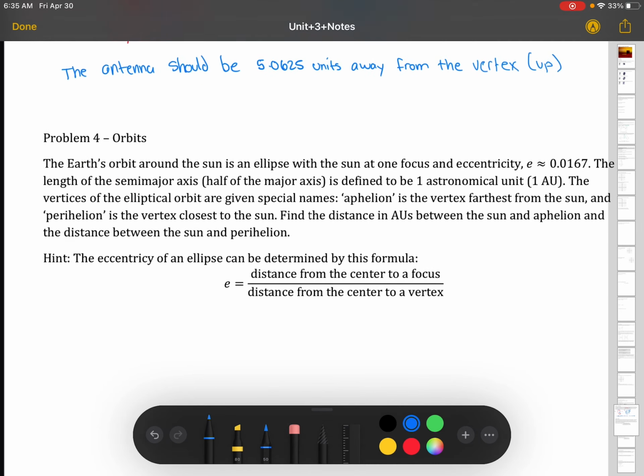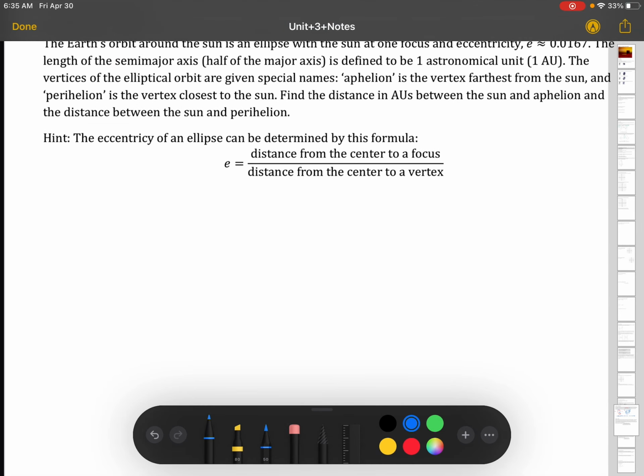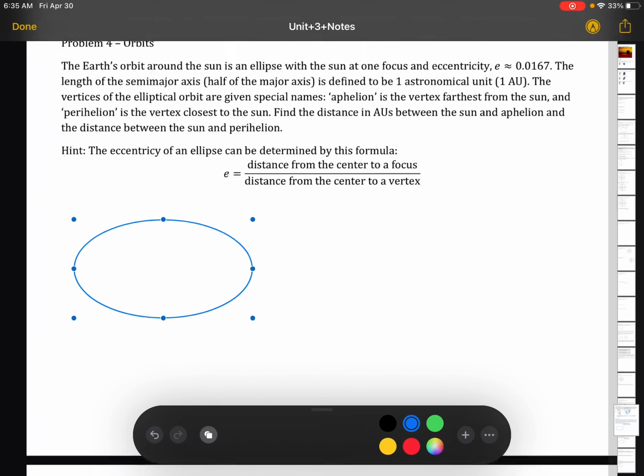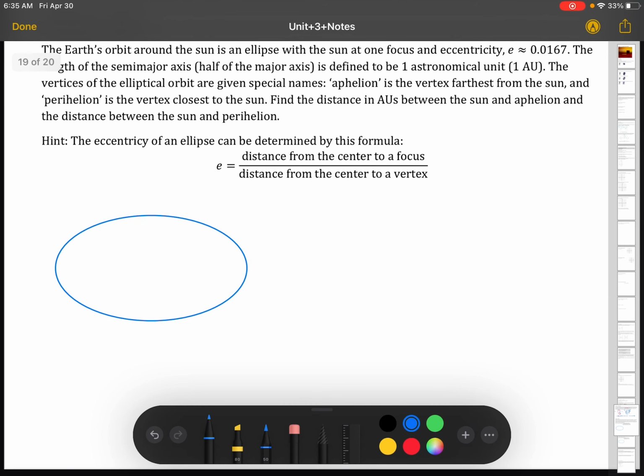All right, for number 4, we have an ellipse. So let's stretch that out. Okay. So what we know is that the semi-major axis of the ellipse is 1 astronomical unit.